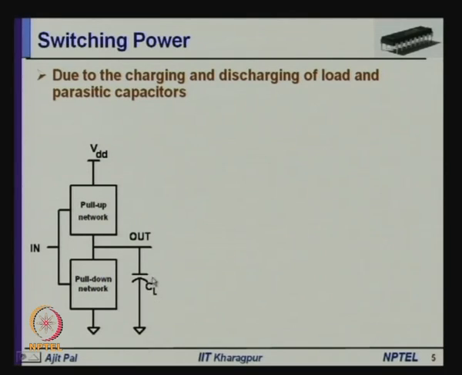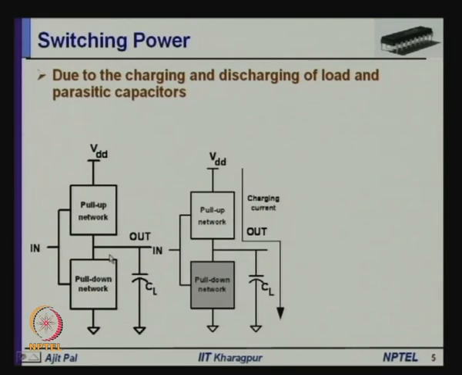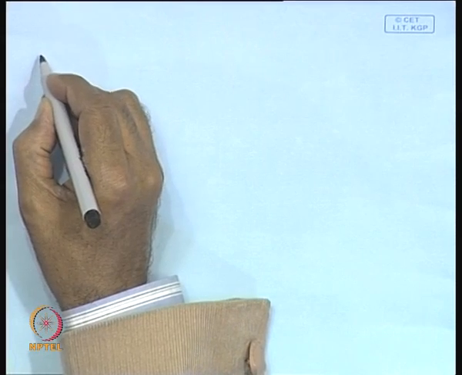Although CL is shown as a lumped capacitance, it essentially comprises many capacitances including gate capacitances, interconnect capacitances and various other types of capacitances. Now, in this situation, how does the switching power dissipation occur? Let us see how it occurs whenever the output is changing from say 0 to 1. Let us consider a very simple circuit, say an inverter.